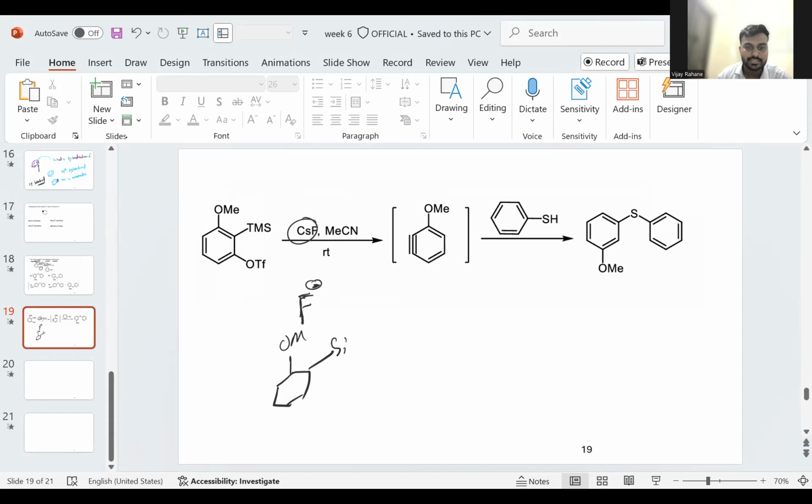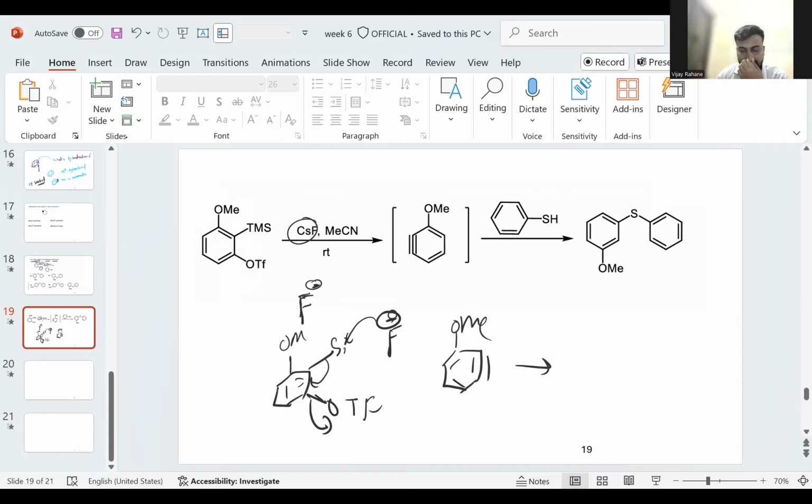It attacks, this F minus attacks on the Si. Then this is the OTf. So this bond goes here, this goes here, and we get the benzyne, right?